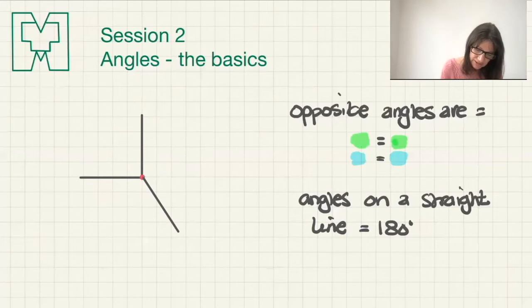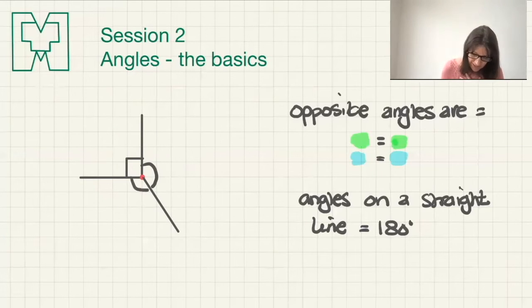Okay. So let's just take those last two out. That's an angle, and that's an angle. Those angles are around a point, okay?